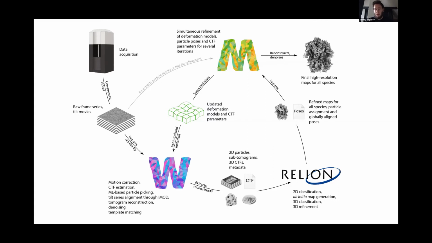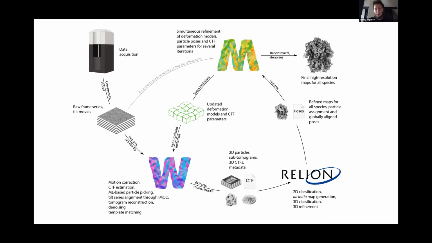And there you can do all the classification and global alignments. And then as a kind of advanced particle polishing step, if we're talking about this in Relion terms, those data can be exported into a new tool called M, which we released this summer, which then does reference-based frame alignment or tilt series alignment.